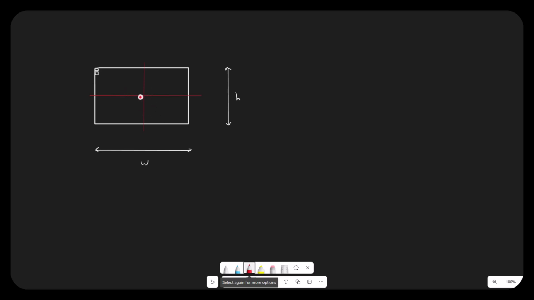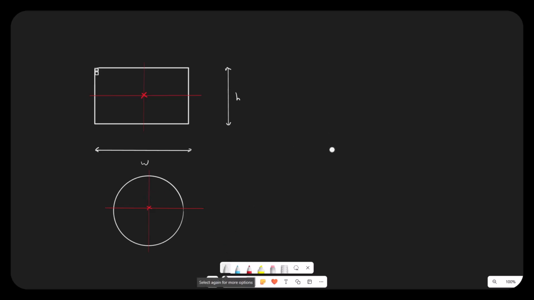So for a uniform mass distribution box, my center of mass is going to be right in the middle of that box. For a circle, my center of mass is going to be in the center of that circle. No surprises there. So for any symmetric shape, my center of mass is going to be in the middle of that shape.